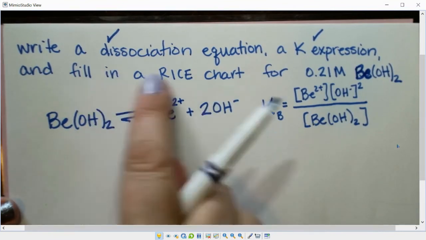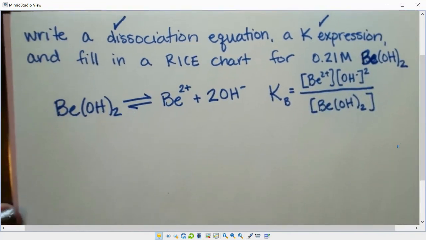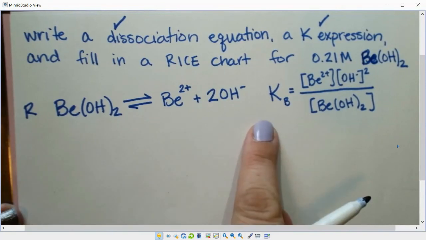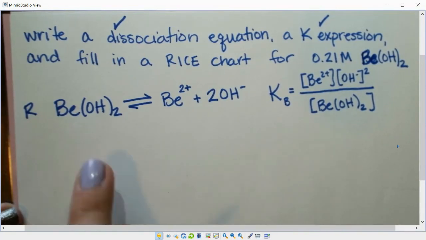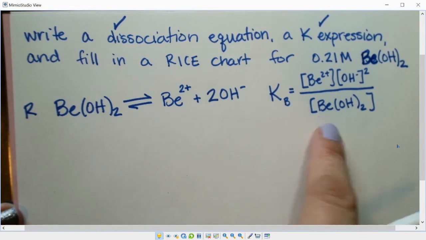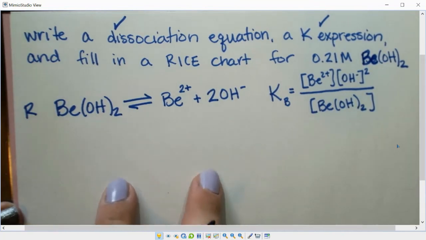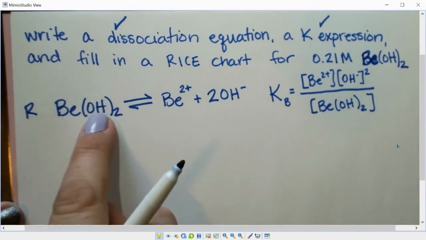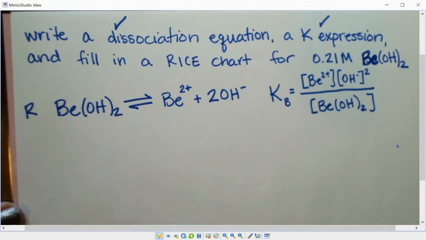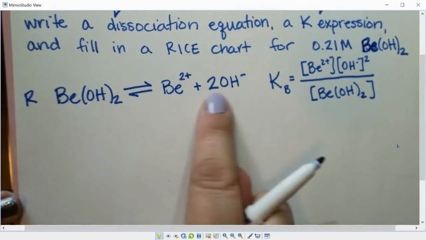And then lastly, we're going to complete a RICE chart for this. So remember, R stands for reaction. Well, I've already written the reaction. When I'm setting up my work, I like to always do the dissociation reaction equation and put the K expression out to the side, because then I can put my RICE table underneath and I don't have to rewrite my dissociation equation. So R we've already got.